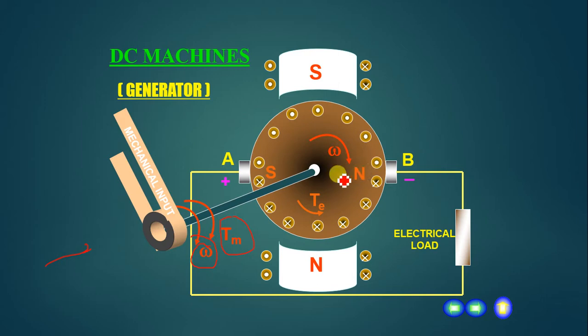Whenever this is rotating, according to Faraday's laws of electromagnetic induction, the flux exerted by the field coils will be induced into the armature coils, causing an EMF.